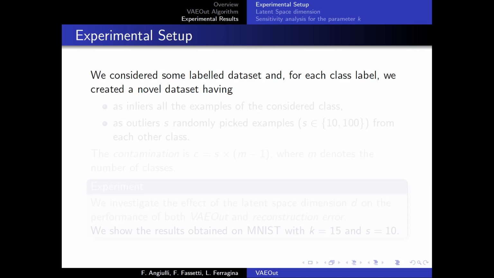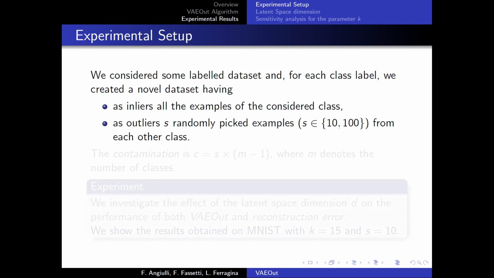We expanded the previous experiment by considering some multi-label datasets and by building different binary datasets from each of them in the same way as we did before. That is, for each class, we created a novel dataset having as inliers all the examples of the considered class and as outliers a quantity S of randomly picked examples from each class.